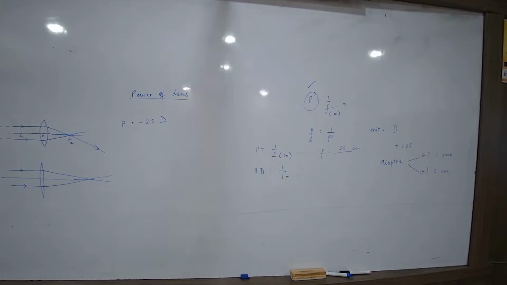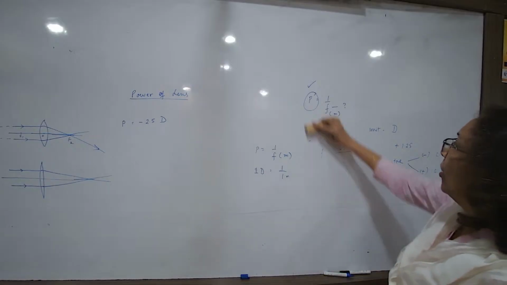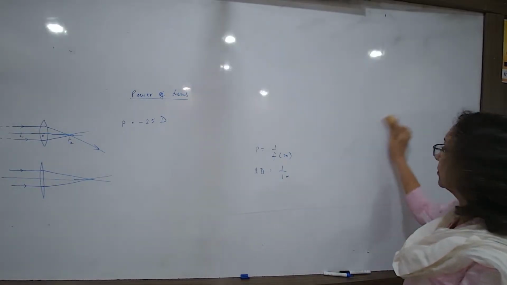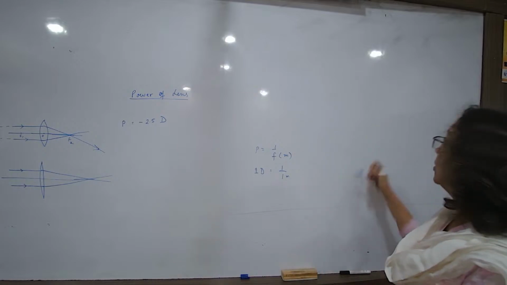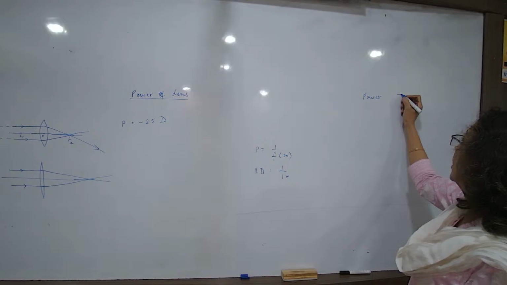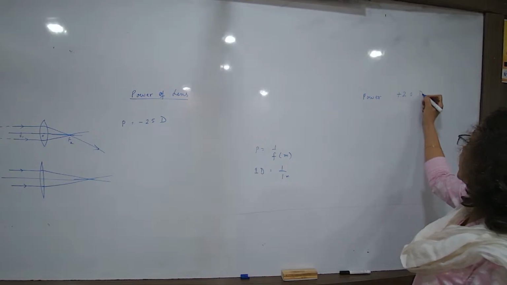Come on, write down. Find the focal length of a lens whose power is 2 diopter.